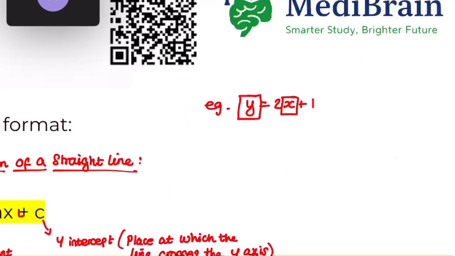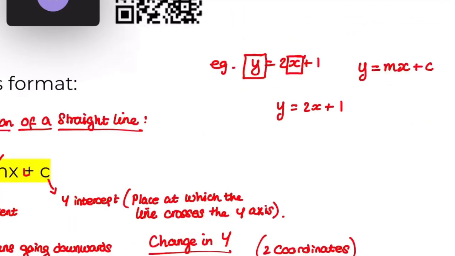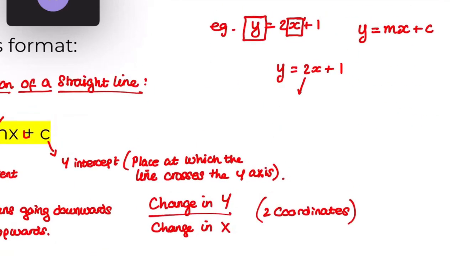So if we look at this example, we have y equals 2x plus 1. We know that the equation of a line is y equals mx plus c, and that the 2 is in place of m, and m stands for the gradient. So the gradient of this line is 2.